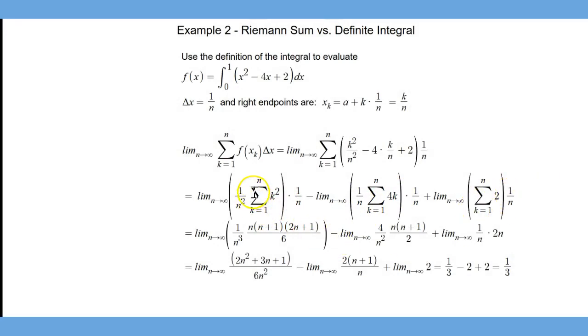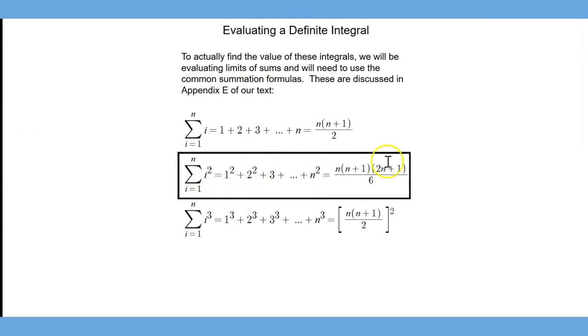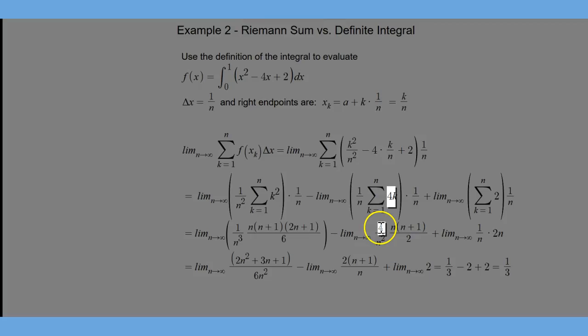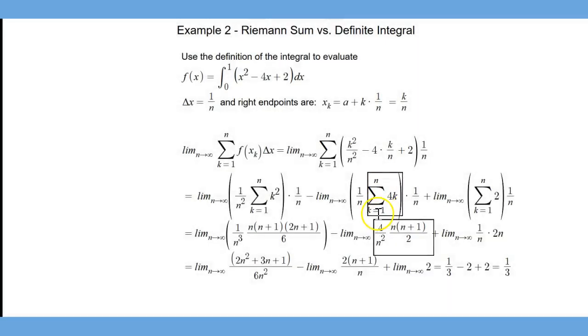So now I have the sum from k equals 1 to n of k squared, and I use this formula. So I can replace this summation with this value. Looking here, I can factor out that 4 from that sum, and now I have the summation from 1 to n of just k.